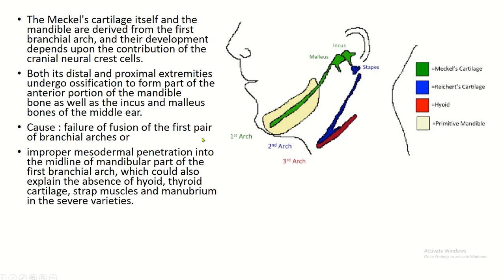So failure of the fusion of the first pair of the branchial arch and improper mesodermal penetration into the midline of the mandibular part of the first branchial arch also explain absence of hyoid, thyroid cartilage, stapes muscle, and manubrium.